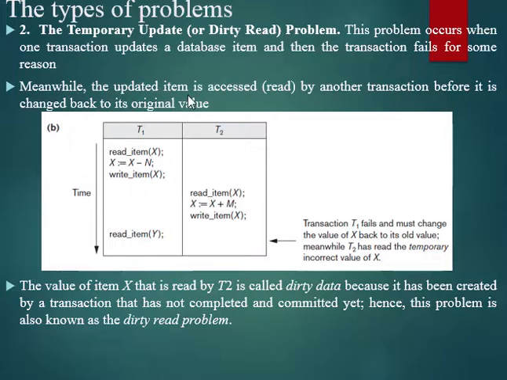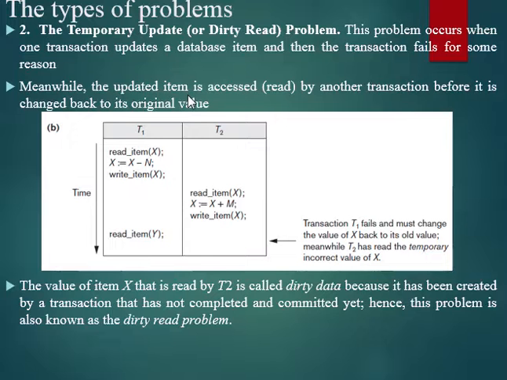But when T1 resumed its operation, for some reason it failed after the fourth command, read item y. Maybe y is not present, so it failed in that execution. When one of the operations of a transaction fails, it will roll back all the operations it did.